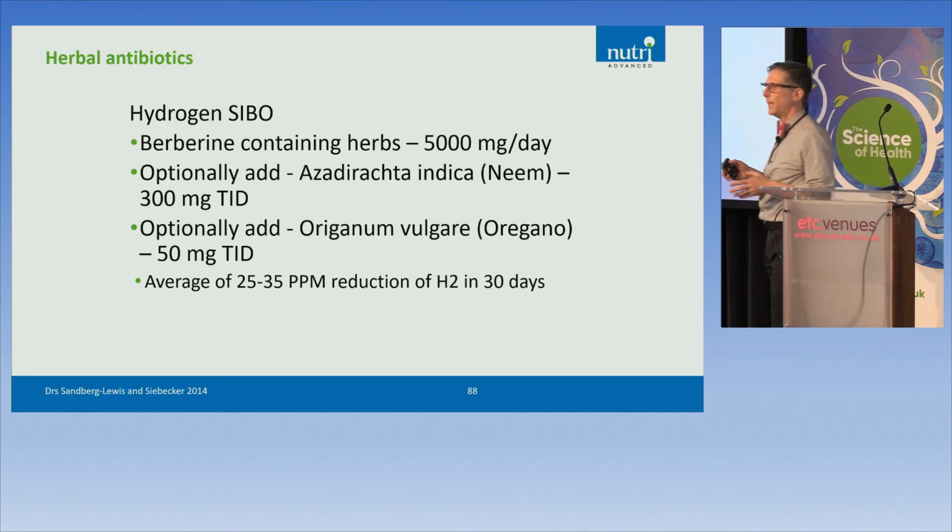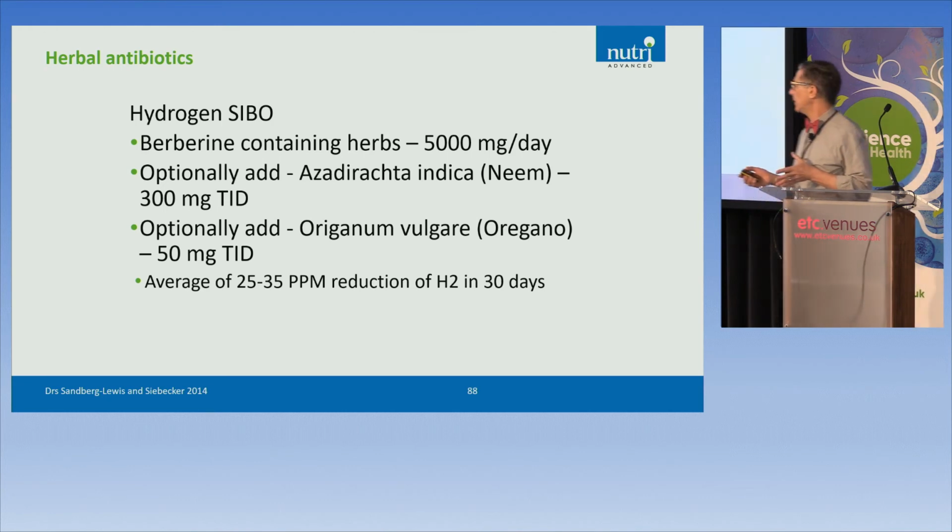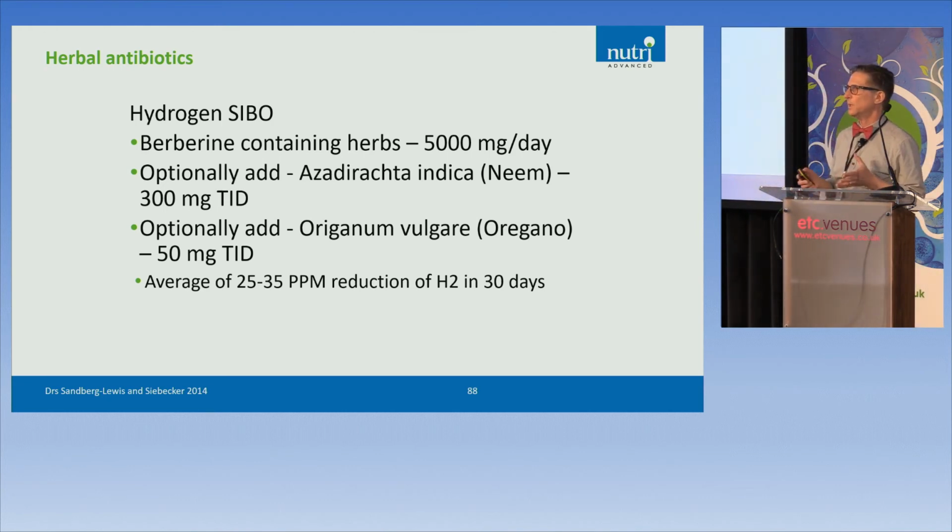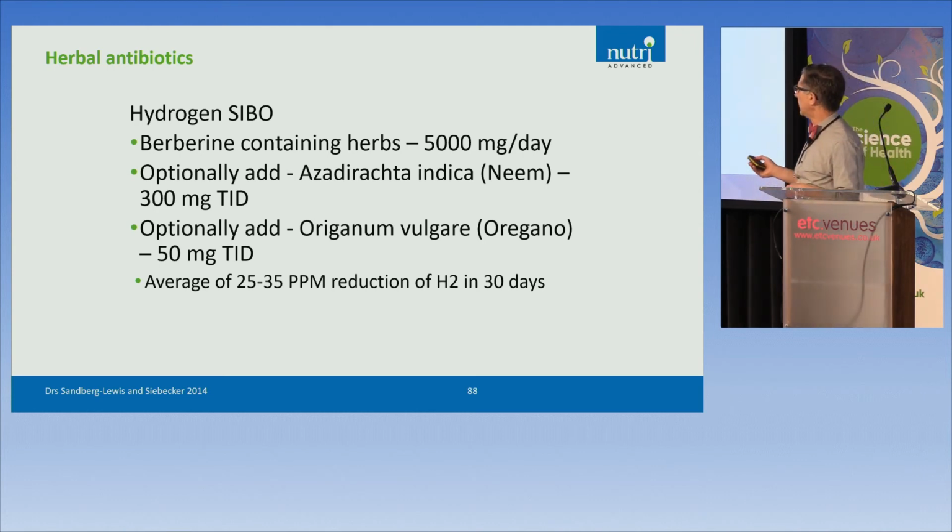Sometimes we also add neem plus what we call trifol, which are 3 Ayurvedic herbs that help with mucosal health. And if you really want to beef it up, you can add oregano. And oregano can be used by itself as well.